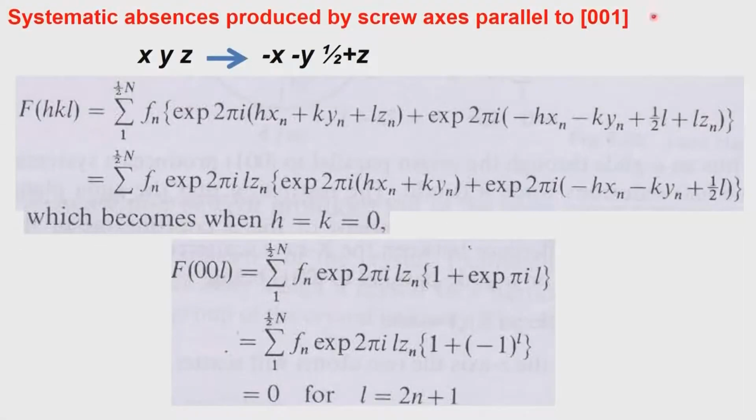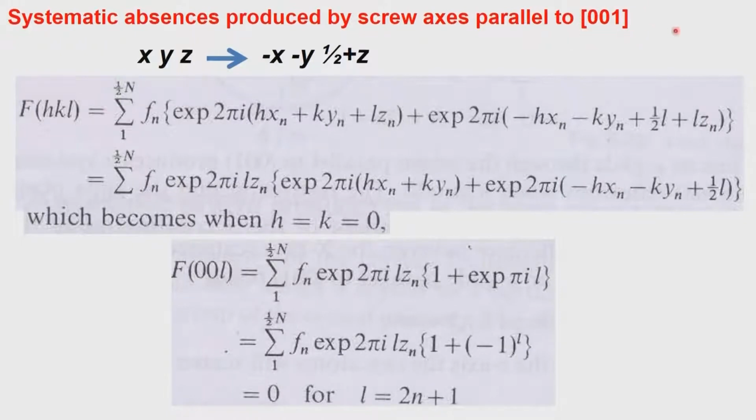What happens in such a situation is, again we have to write the general expression for the structure factor and then evaluate the structure factor features associated with it. Let us look at it in a careful manner. In this case, we now consider the systematic absence produced by a screw axis. Please notice the nomenclature.